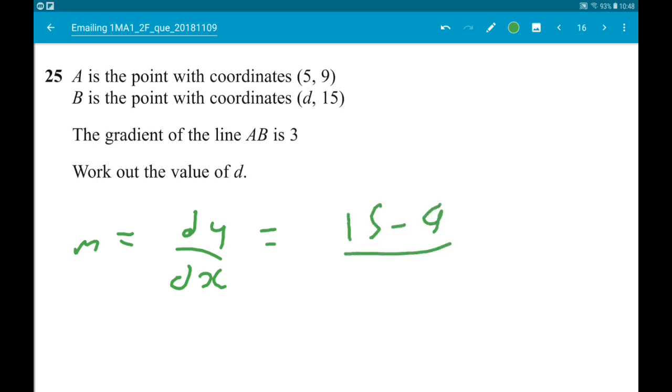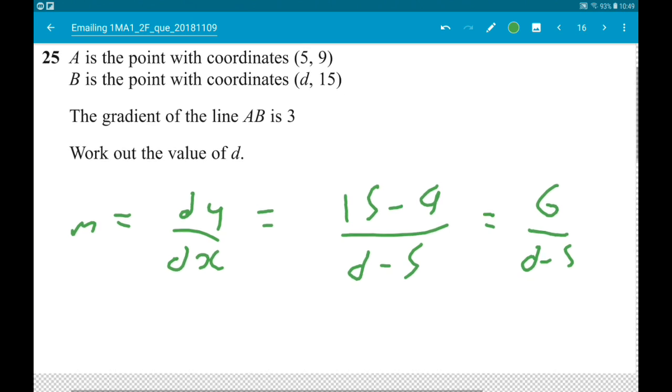Now because we've done 15 take 9 on the top, we have to do D take 5 on the bottom. So this one is 6 over D take 5.